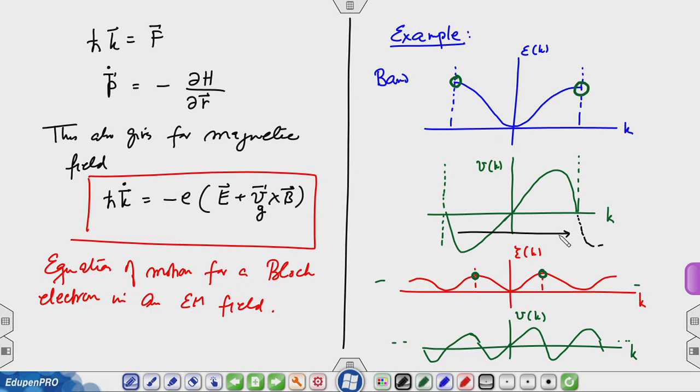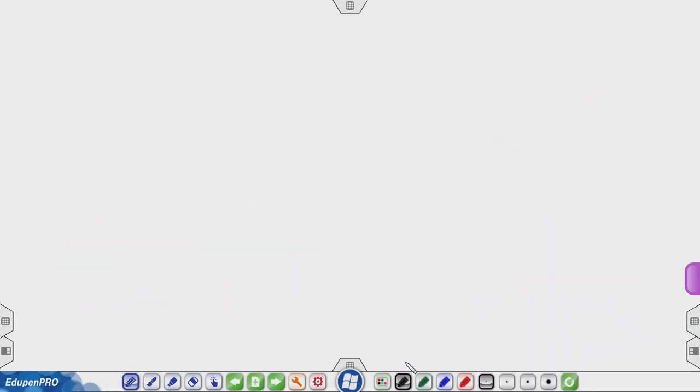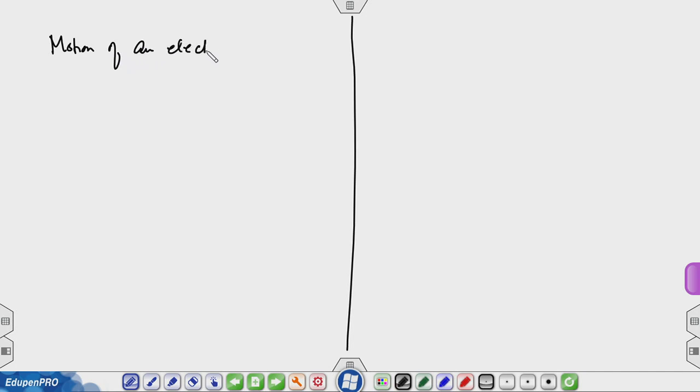What happens when I apply a constant force? Motion of an electron when a constant force is applied.